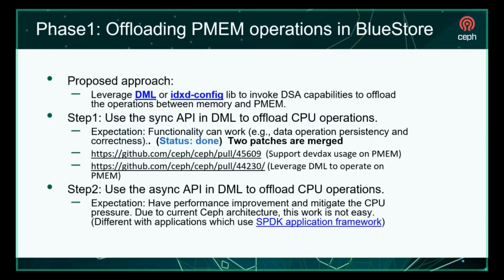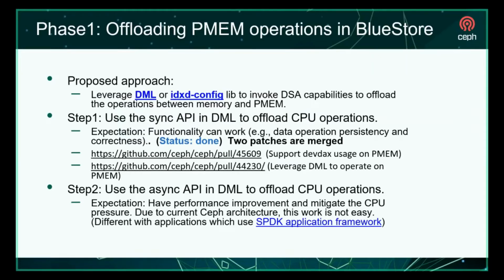I remember the following two patches are already merged, maybe in the middle of this year, or in April maybe. The first patch is that we did some work to support DEVDAX usage on persistent memory, and in the next pages we will introduce why we want this.